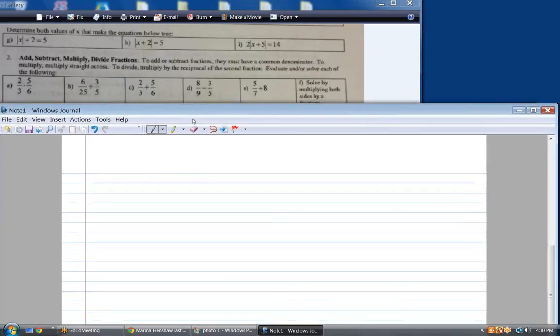Okay, how do we multiply 2/3 times 5/6? Straight across. Yep. So what does that equal to? 10 over 18.